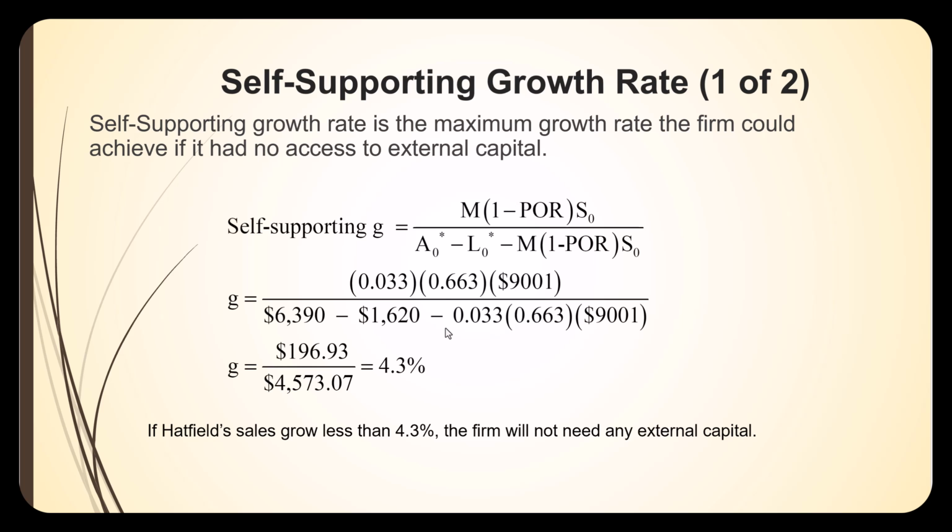So again, calculating the numbers, here's our formula. We can see that this growth rate is around 4.3%. So at 4.3%, if we grow less than that, then we wouldn't have to finance externally. Everything would be covered by profits.